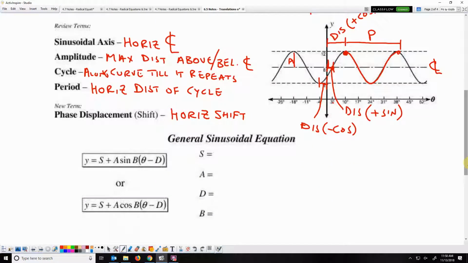So a general equation, either with sine or cosine, is S plus A sine or cosine of B theta minus D. So S is the sinusoidal axis, and that represents the vertical shift.